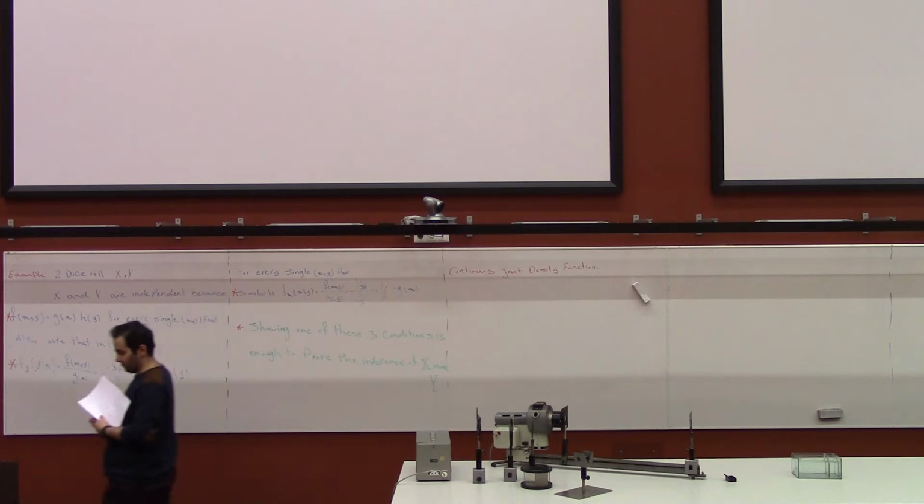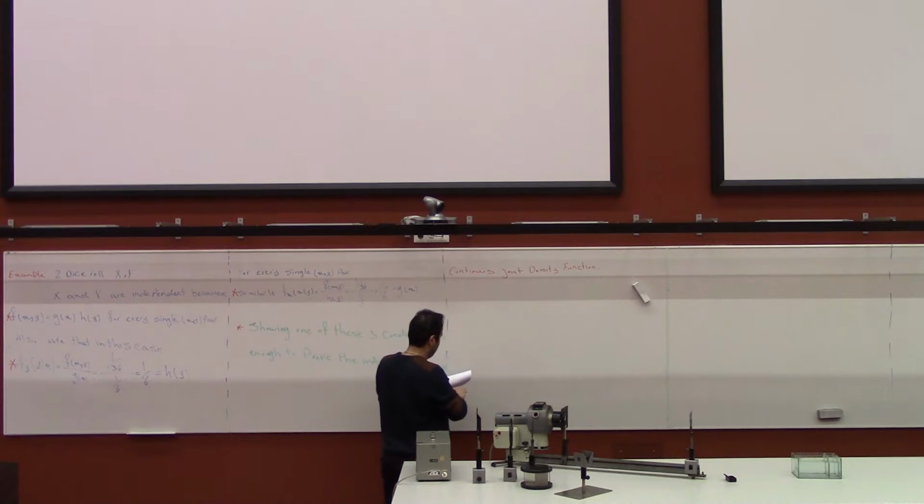First, we have a definition for the continuous joint density function.